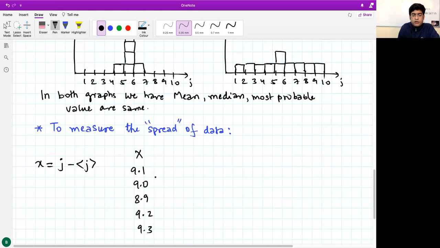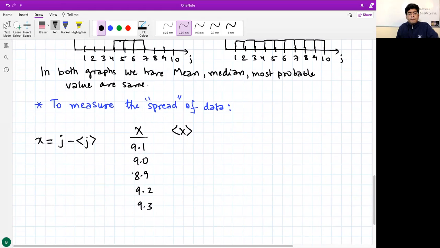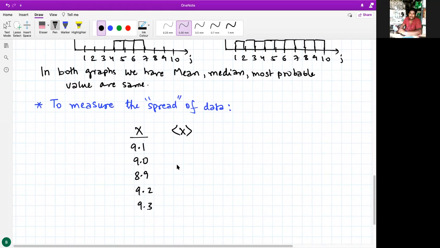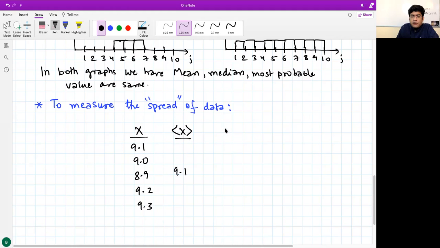These are the values given to you for some variable x. So what is the mean here? 9.1. All right. So let's define the spread by this quantity.